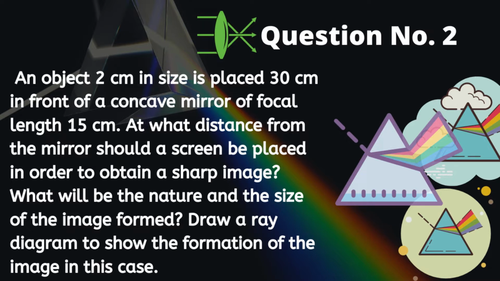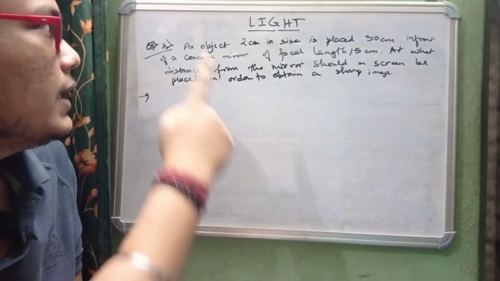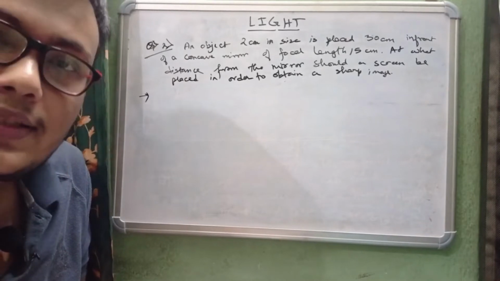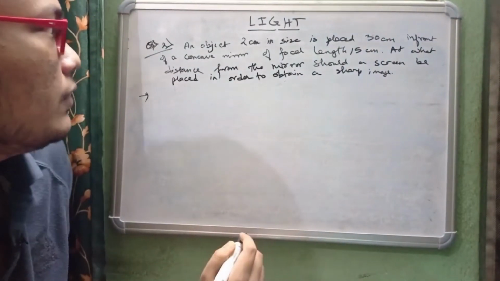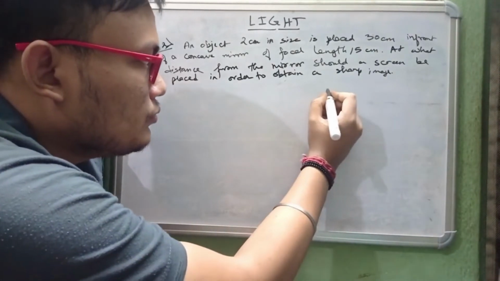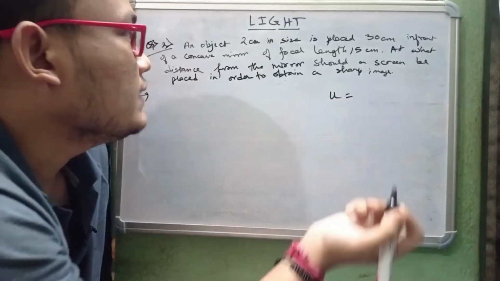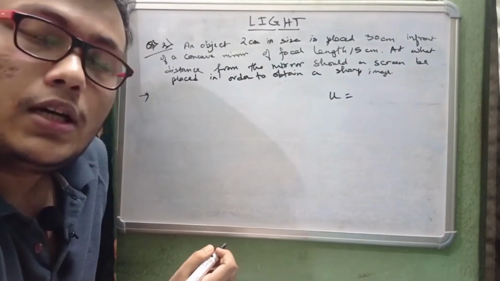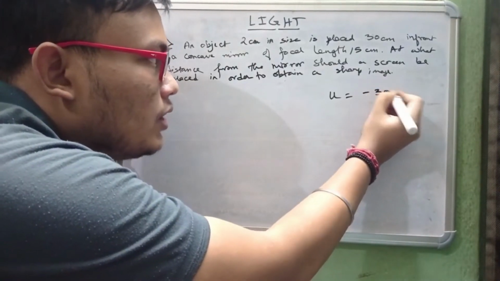Okay, so what is given in the question is that an object of size 2 centimeters is there. It is placed 30 centimeters in front of a concave mirror. So the object distance, which is u, is in the negative x-axis, so we will consider it a negative distance, minus 30 centimeters.